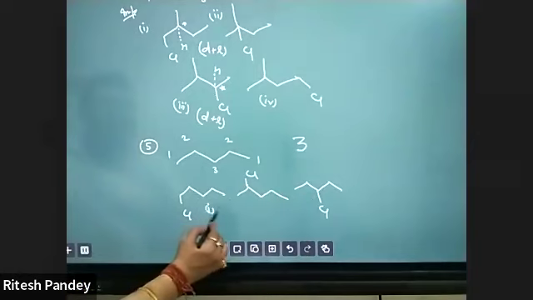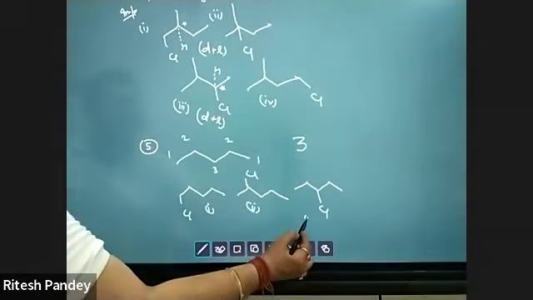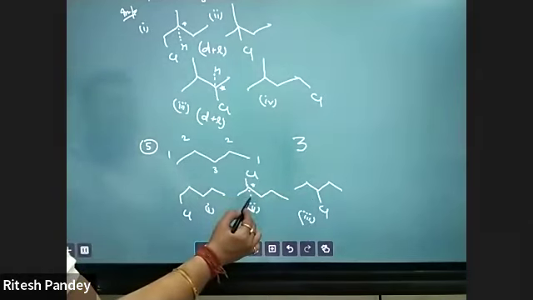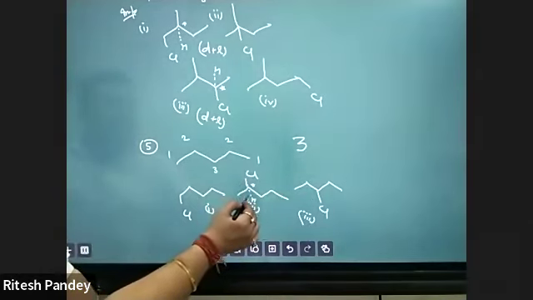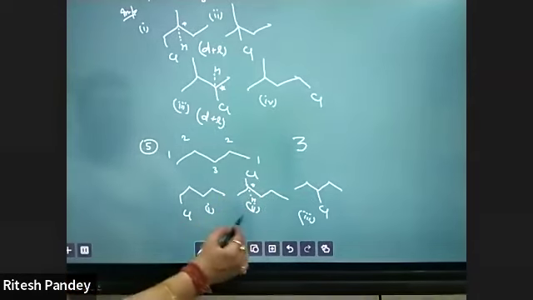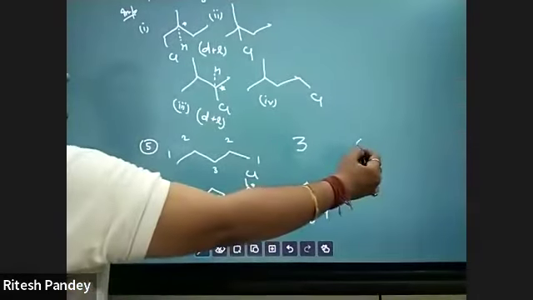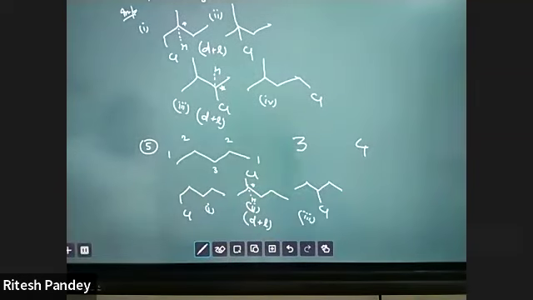Out of these three, I'll see chirality at 2-chloropentane only, with 4 different groups: chlorine, methyl, hydrogen, and propyl. Here again I'm going to talk about dextro and levo. So 2, 3, 4. 3 and 4 is the right answer, I believe.